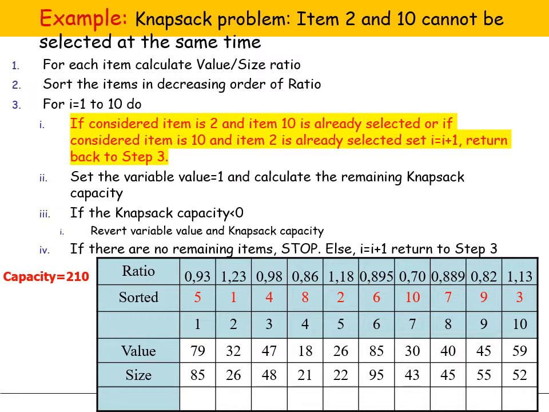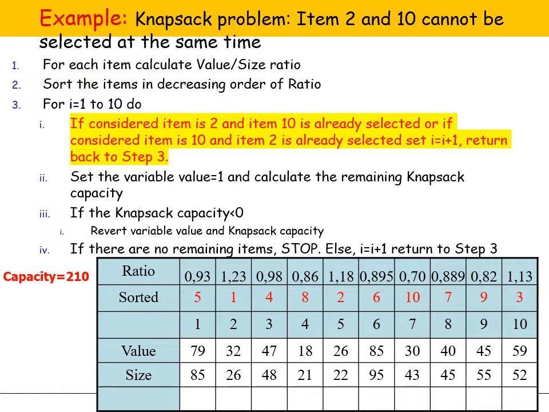So we want to select a subset of items without exceeding this capacity, and with the objective of maximizing the total utility. And remember in our previous lecture we considered three alternative constructive heuristics. Now I'm considering the third alternative, in which we were calculating a ratio of value to size. So for this first item, the value to size ratio is 0.93.